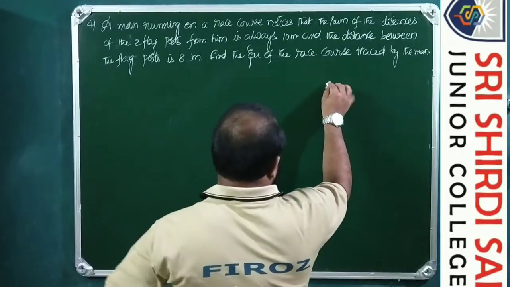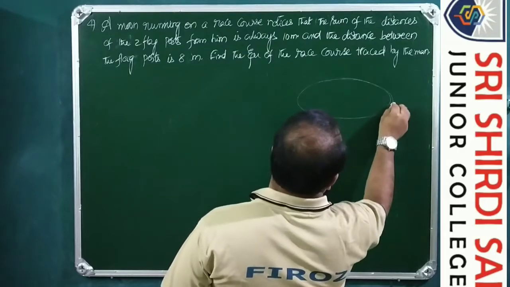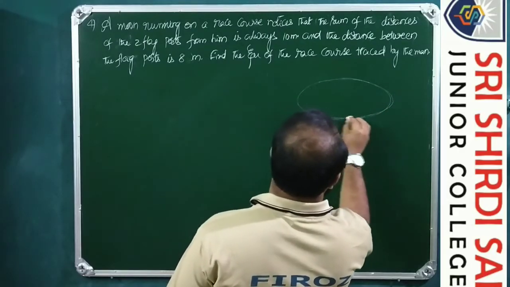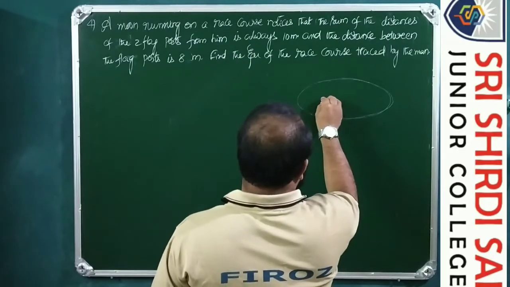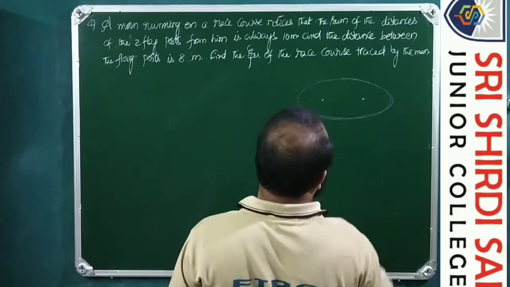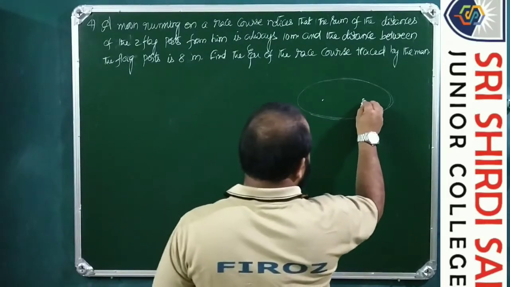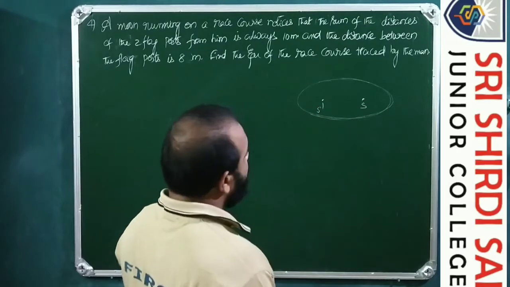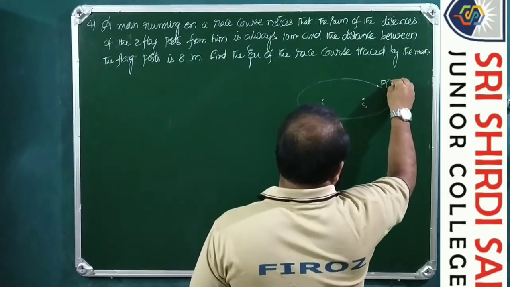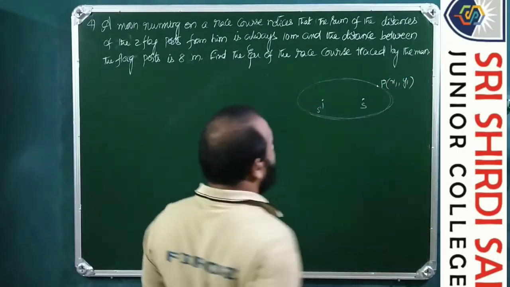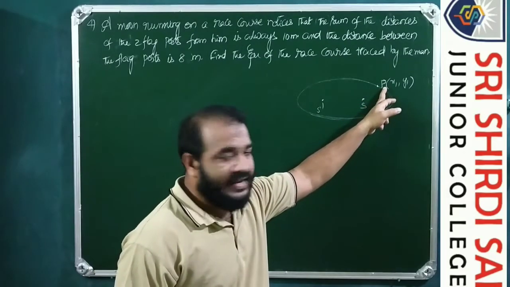Let us suppose that this is the race course and let these two be the positions of the flag posts S and S dash. And let this P (x1, y1) be the position of a man.